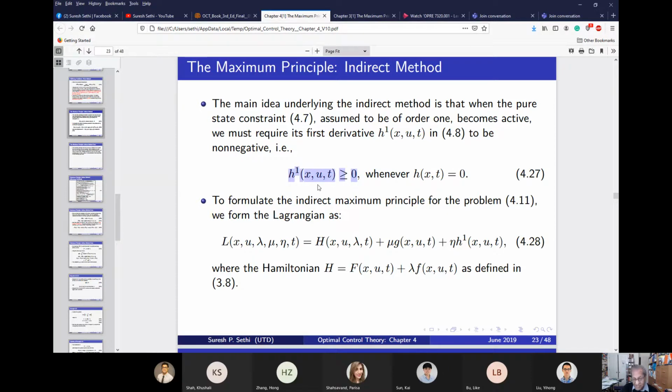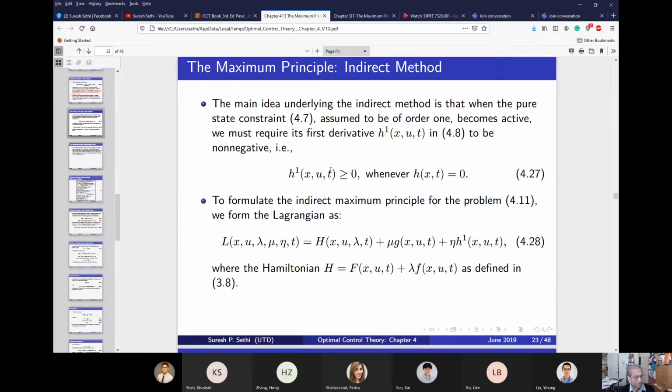But the constraint is of the same type as chapter 3. So in some sense, this particular indirect method is more intuitive for us, and it's more related to chapter 3, the maximum principle. Because what we're saying is, what if I can apply to this constraint a multiplier, and that multiplier is active only when this is equal to 0? Otherwise, that multiplier is inactive.